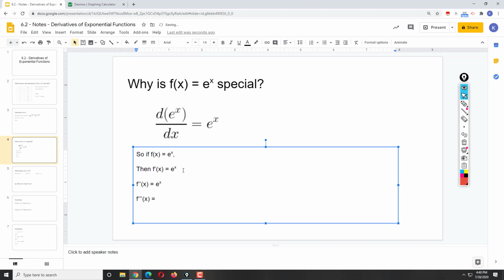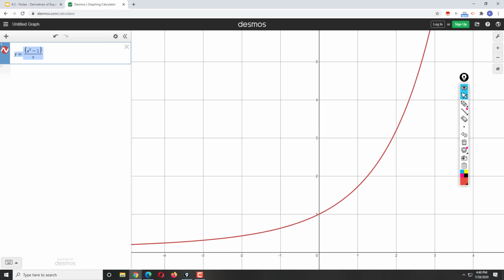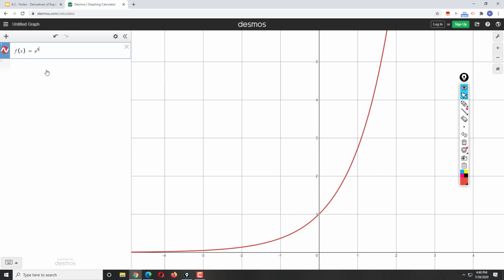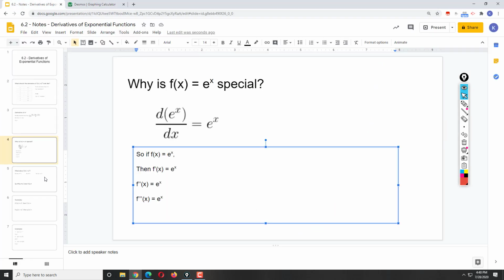The third derivative is also going to be e to the x. Okay. Let's confirm that if f of x is equal to e to the x, then the first derivative looks the same, the second derivative looks the same, and so forth. It's the same function.